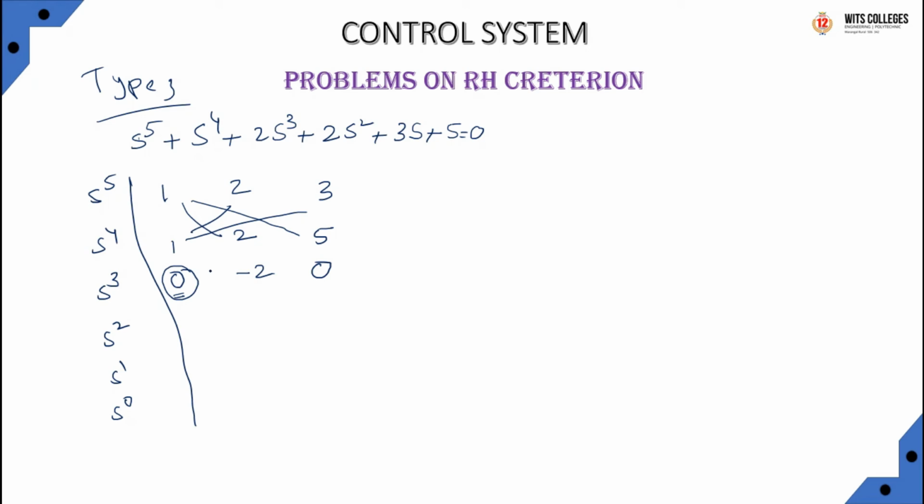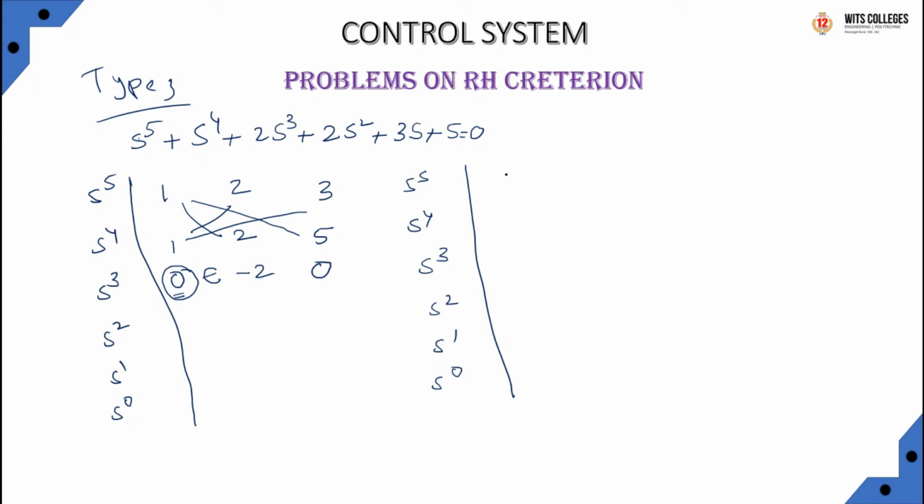In place of 0, I am substituting a constant value, epsilon. Then again we write s power 5, s power 4, s cube, s square, s power 1 and s power 0.